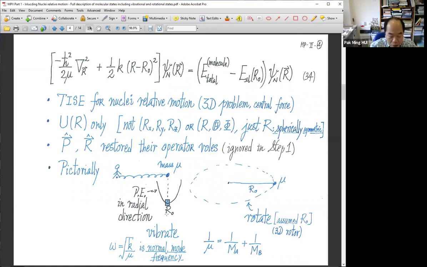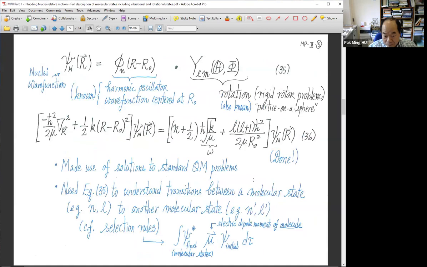Okay, and that will give us the Y_LM(theta, phi) with the eigenvalue L square, L times (L plus 1) h bar square, divided by 2 times the moment of inertia, mass times the distance square. Okay, now we are done.